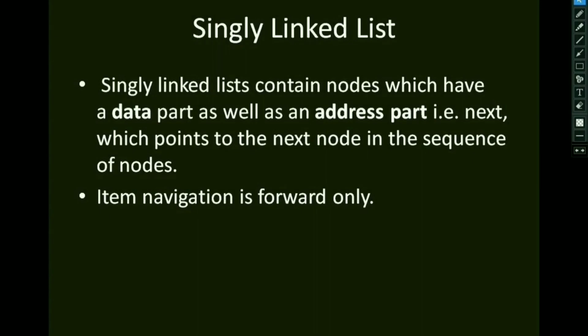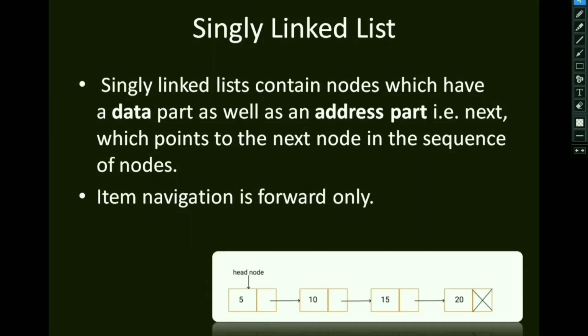Let's see what is singly linked list. The linked list which we discussed before, that itself is singly linked list. So this list has node which has data and an address part. In this particular list, the navigation happens only in forward direction. As there are two nodes in your list, one is the head node, one is the tail node.